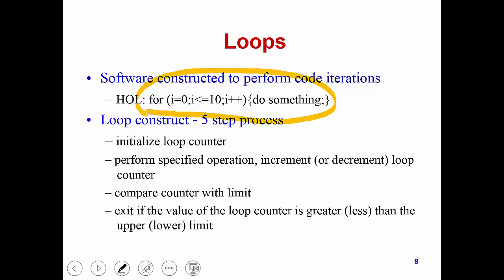In general, there are five steps involved when we build or use a loop. Step 1, initialize the loop counter. When you run a loop, we have to control how many times you want to run.